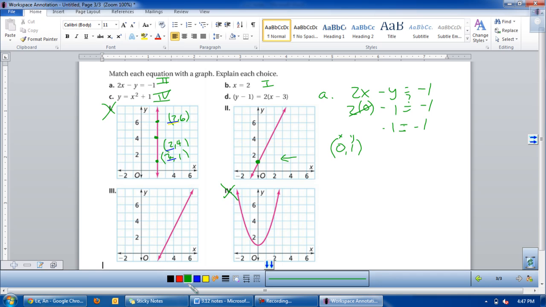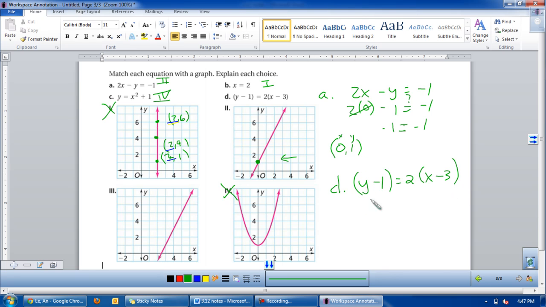And of course we know that Roman numeral 3 matches up with D. But we just want to be sure, and we want to prove that (0, 1) does not satisfy this equation. Alright, so we have y minus 1 equals 2 times x minus 3.